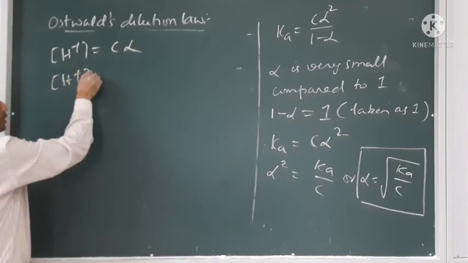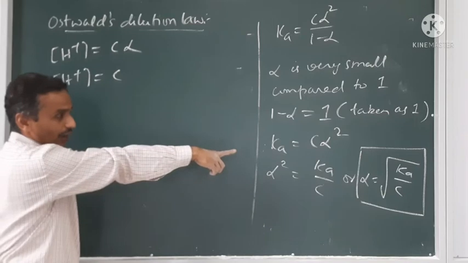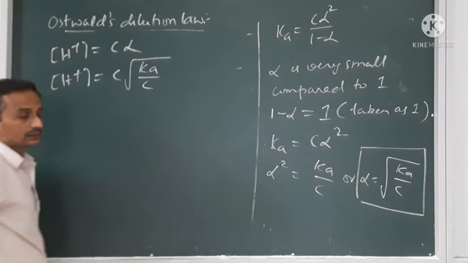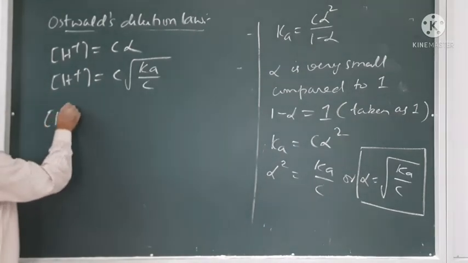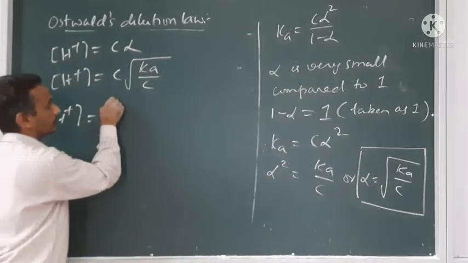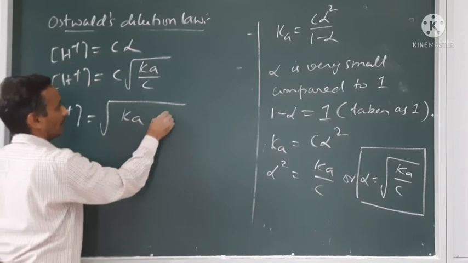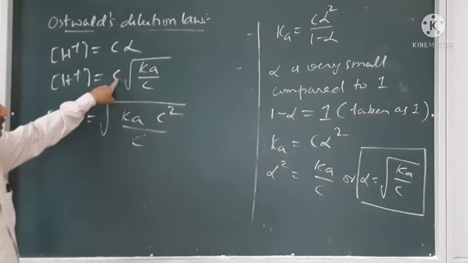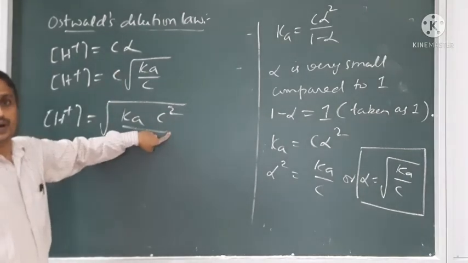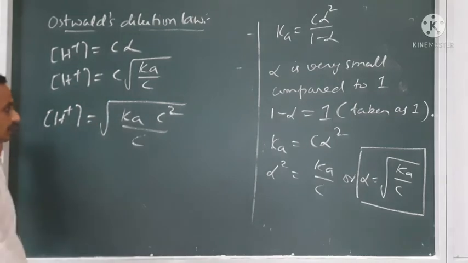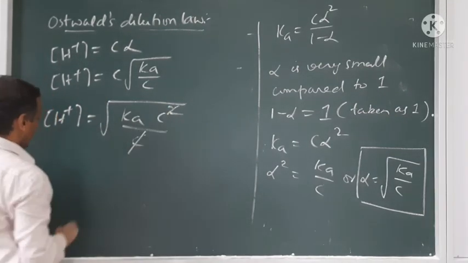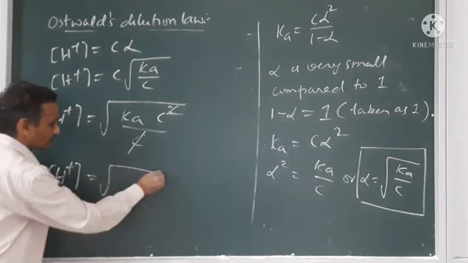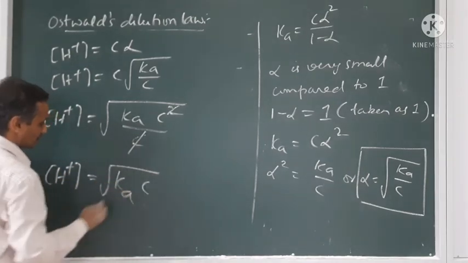So H plus concentration is equal to C into alpha, which is the square root of Ka by C. So H plus concentration is equal to the square root of Ka into C square by C. When I bring the C inside, it becomes C square, because the square root of C square is C only. So one C gets cancelled. H plus ion concentration is equal to the square root of Ka into C.